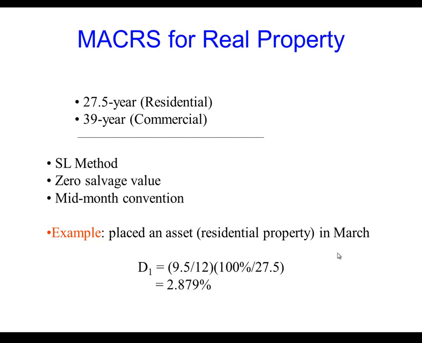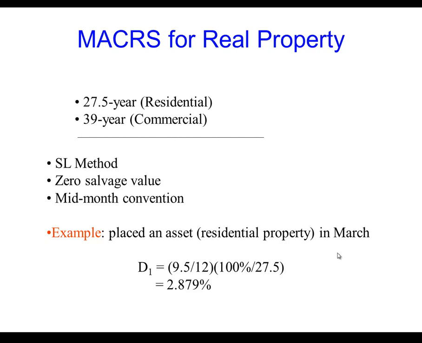Real properties are classified into two categories: residential, which is like rental properties with 27.5 years lifespan, and commercial, and those are buildings or properties with 39 years lifespan. When depreciating such property, we use the straight line method with zero salvage value and mid-month convention.